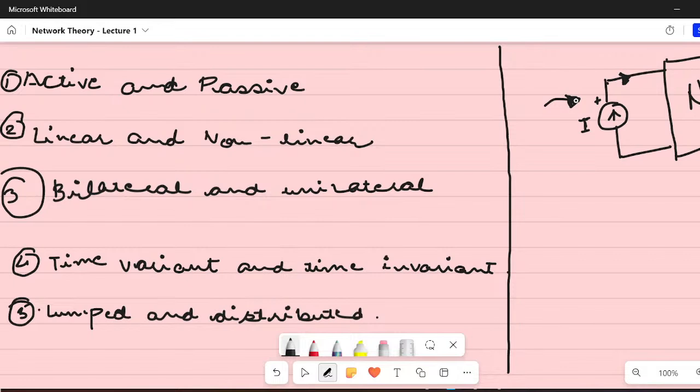These would consist of our resistance, inductance, and capacitance. The basic passive elements would be such elements, right?